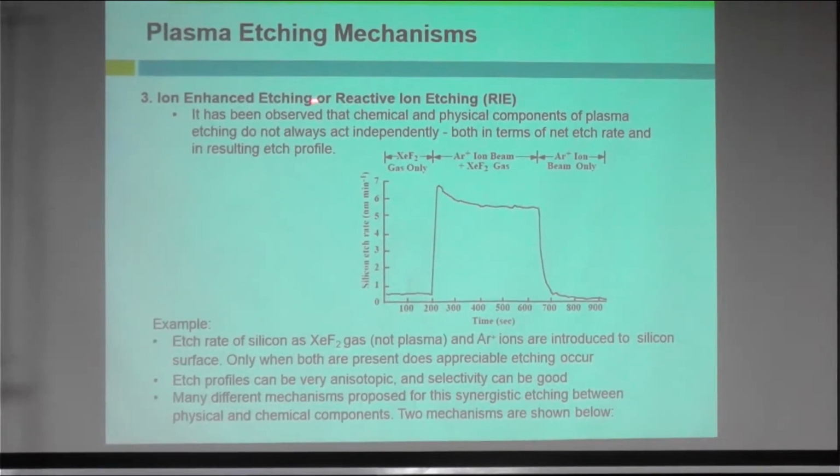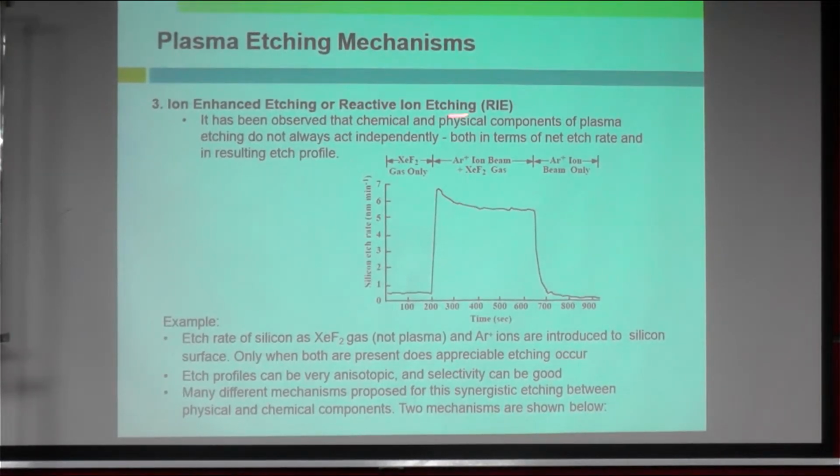So ion enhanced etching or reactive ion etching is quite a versatile process. Reactive ion etching is quite a complex process that can provide a good geometry shape of the pattern.